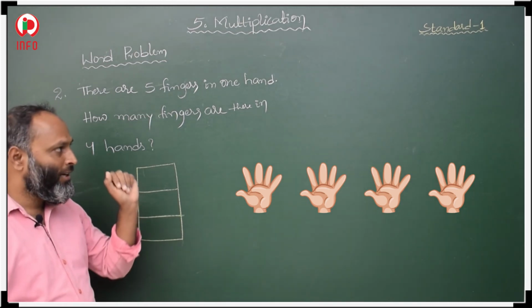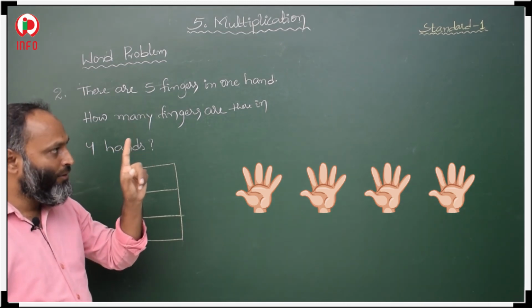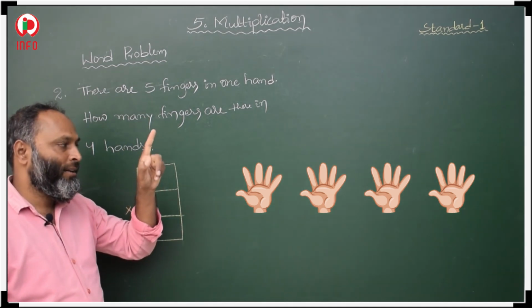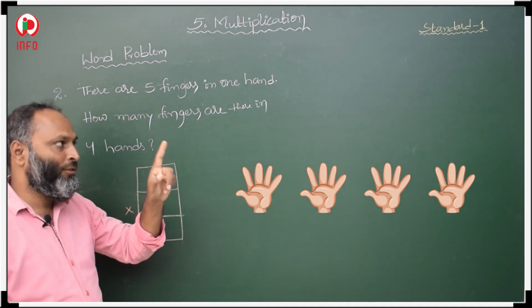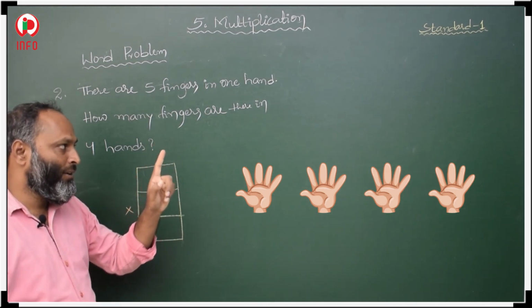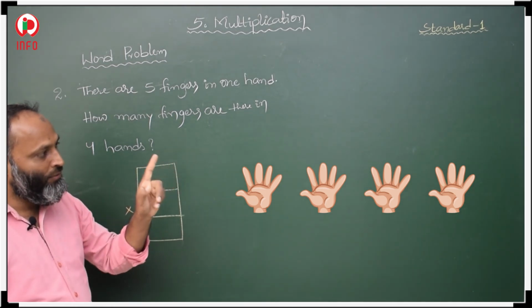4 hands. Now you count the number of fingers. 1, 2, 3, 4, 5. 5 in the first hand. Then second hand: 1, 2, 3, 4, 5. 5 in the second hand. Third hand: 1, 2, 3, 4, 5. Then fourth: 1, 2, 3, 4, 5.